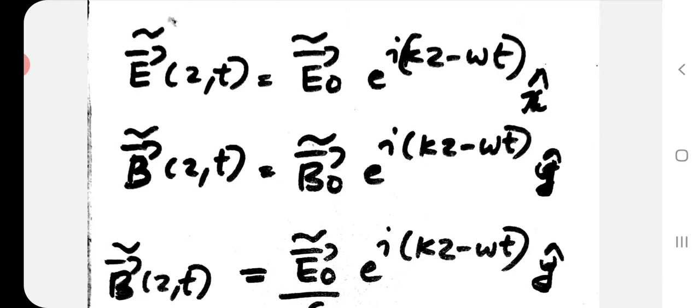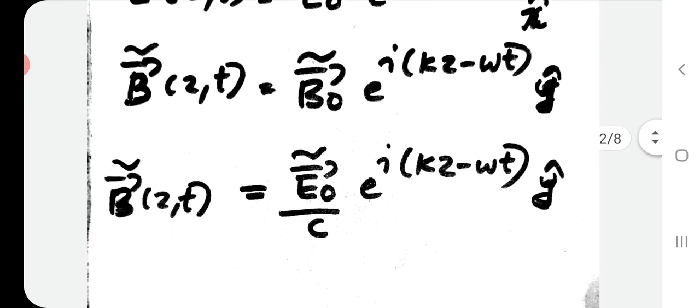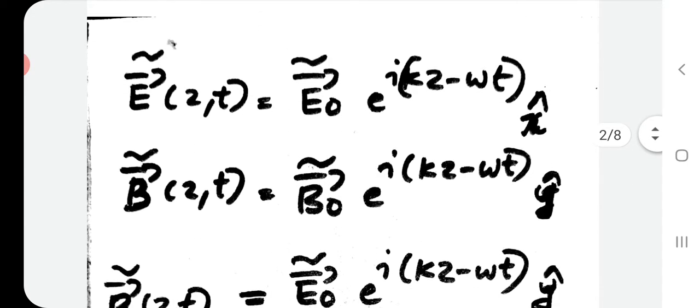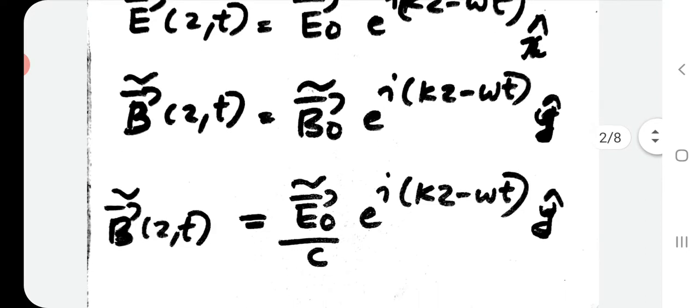And B0, the complex amplitude of the magnetic field, since it is connected with the electric field by the relation E0 over c, if I substitute for B0, B of z, t is equal to E0, the complex amplitude, over c, exponential i(kz minus omega t) y. So this is the electric field and this is the magnetic field.